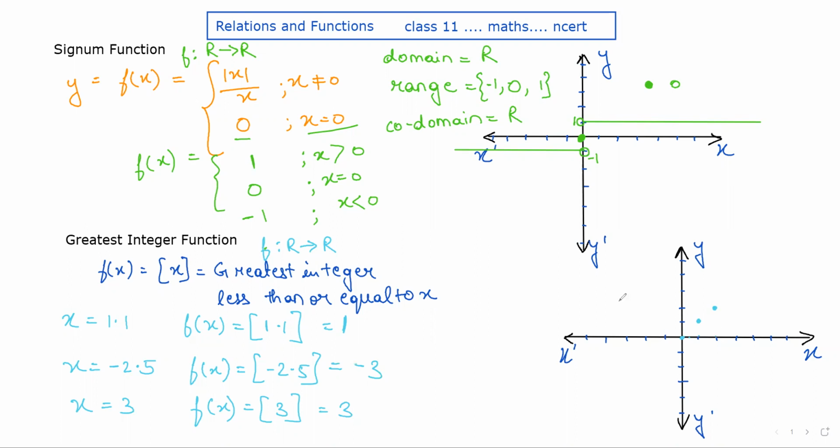For 1 to 2, even if in place of 1.1 we would have placed 1.2, 1.3, you still would have ended up with 1. So from these values, you're getting the value y as 1. Let me draw this a little more clearly.